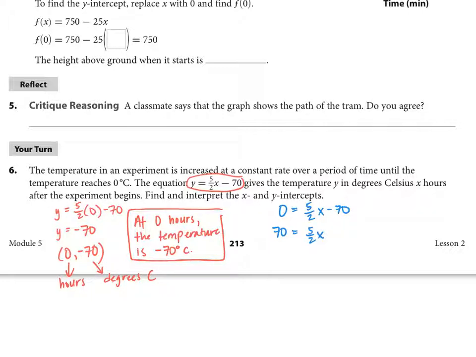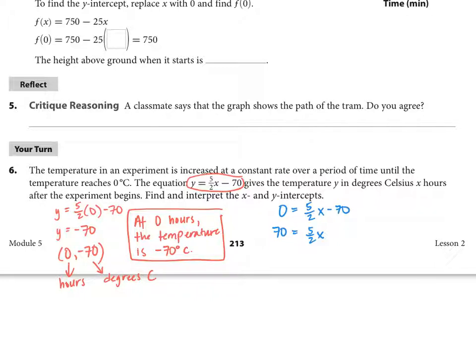And there's a few ways you can deal with this 5/2 because we need to get rid of that. You can divide both sides by 5/2, or you can change that to a decimal, that's 2.5, and divide both sides by 2.5. You can also multiply by the reciprocal of 5/2 because that'll help get rid of it, or it's the same as dividing by 5/2.